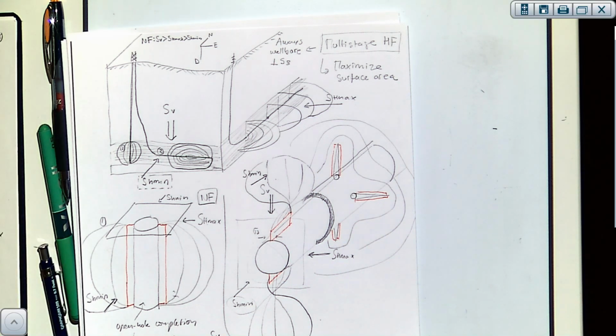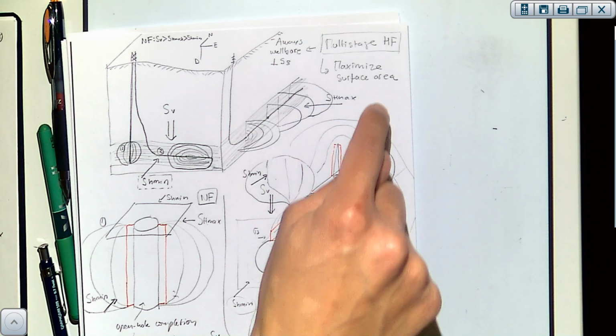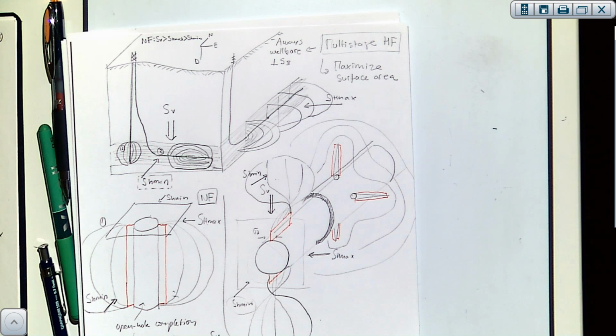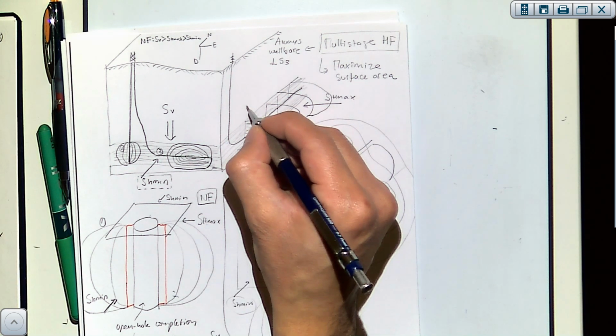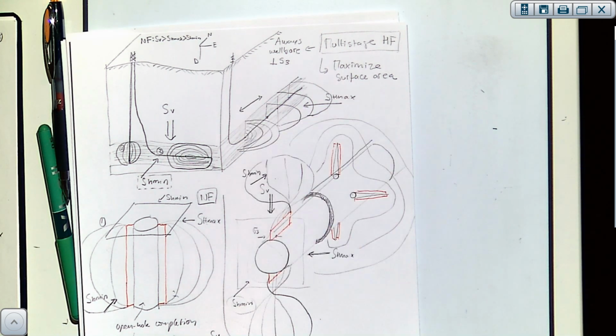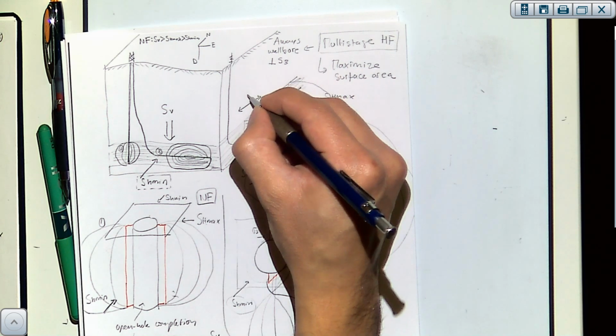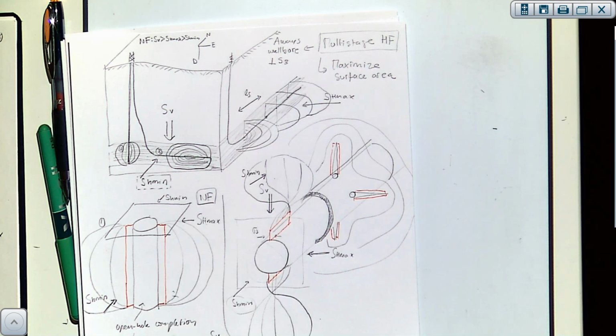Okay, so we're going to come back to this multi-stage hydraulic fracturing. Later we'll talk about the length between stages that you need, the length between horizontal wellbores that you need for that.